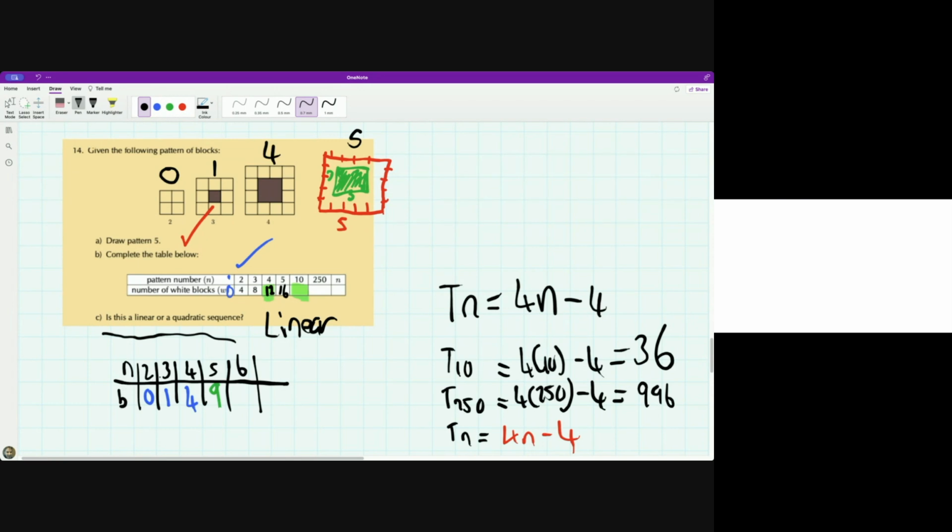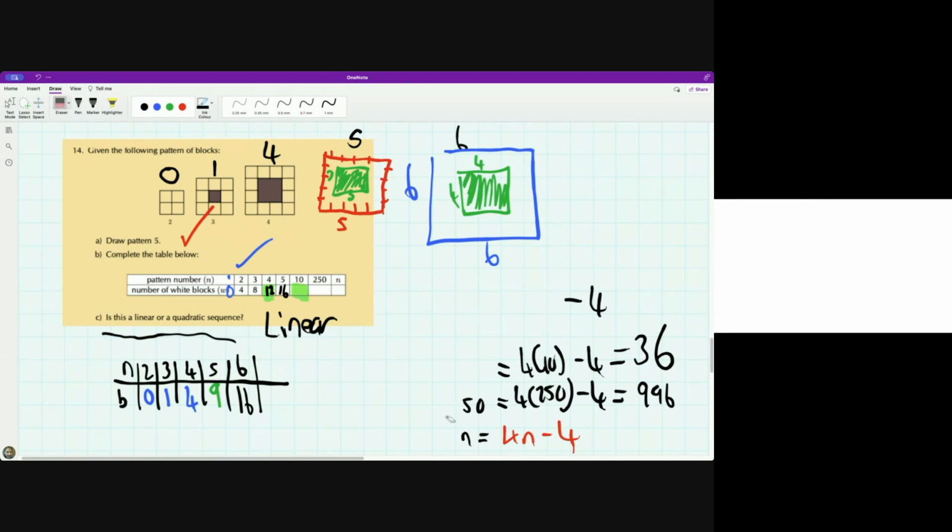It's not going to be 13. If you imagine what the sixth one would look like, this would be a 6 by 6 square, but inside this would be a 4 by 4 square. I know I'm using green, but essentially these are the black blocks for pattern number 6. So what number is going to go over here? It's just going to be 16.